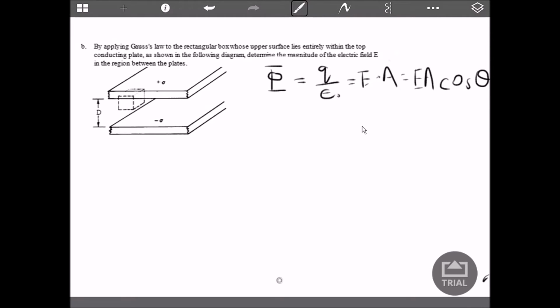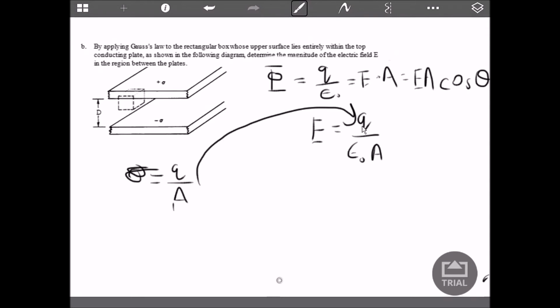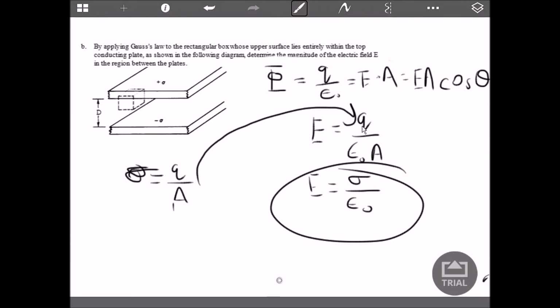And so we can say that the E field is equal to Q over epsilon naught A. And since we know that this plate is uniformly charged, we know that sigma equals Q over A. And now all we have to do is plug into our equation over here, and we get that the magnitude of the E field equals sigma over epsilon naught. And that's our answer for part B.